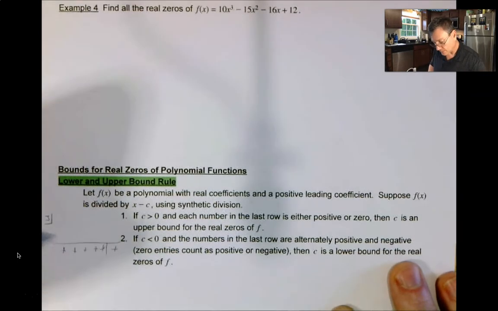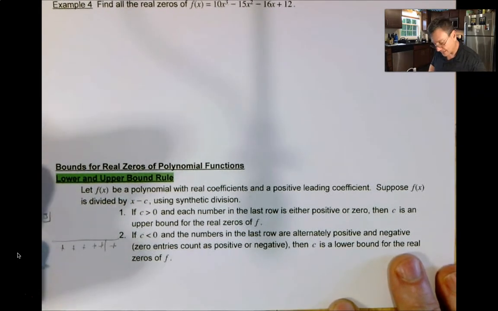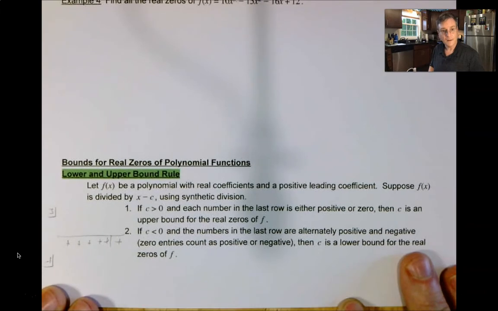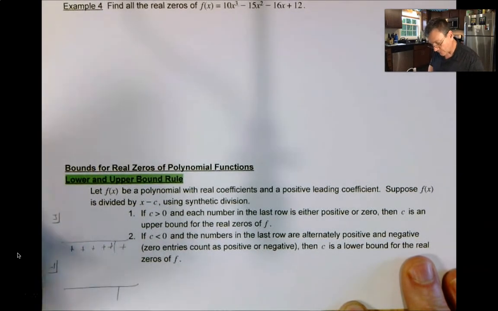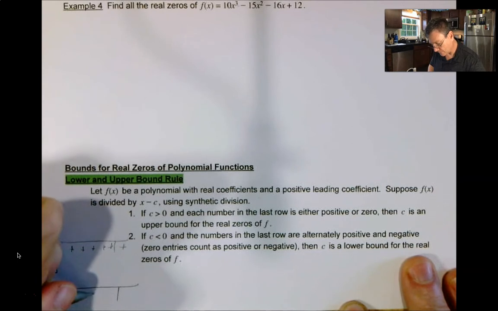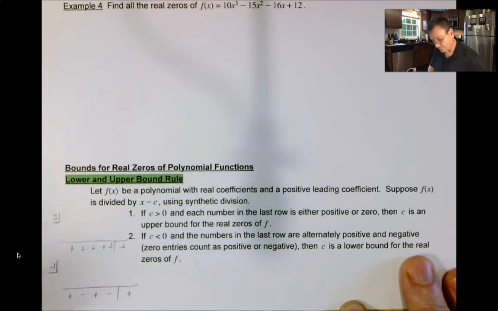Okay, there's a different rule if the number that I'm checking is negative, say negative 1, and I'm checking this number. This time, for it to be a lower bound, the bottom row would be positive, negative, positive, negative, positive.